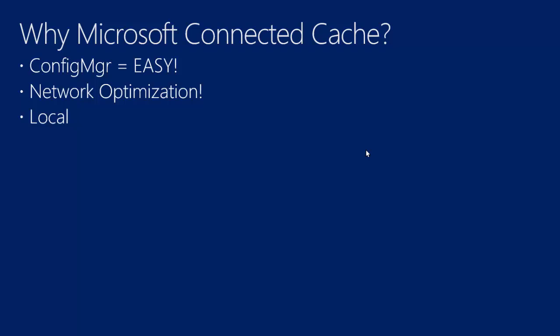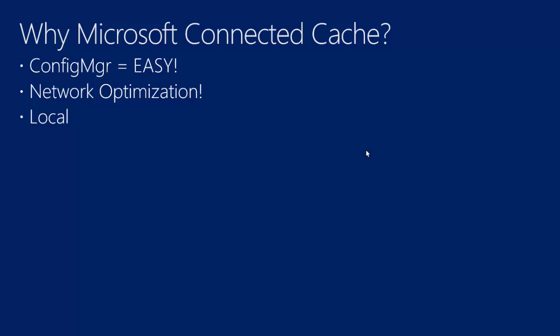In fact, in the demos that you'll see in a minute, I have specifically used content that is not Config Manager content on that Microsoft Connected Cache server to show you that there is no requirement that the content come from, or be part of, Config Manager in any way. Config Manager just simply implements the Microsoft Connected Cache server in a very easy way for you, and then you can take advantage of it in multiple forms, right? Multiple forms. So just to call that out.